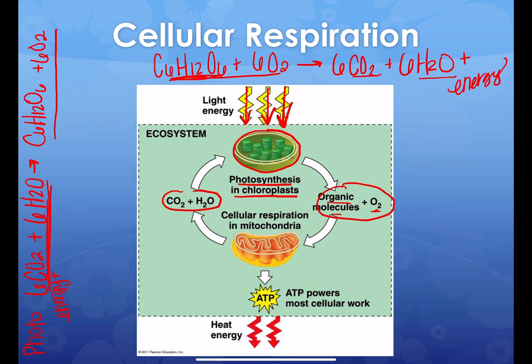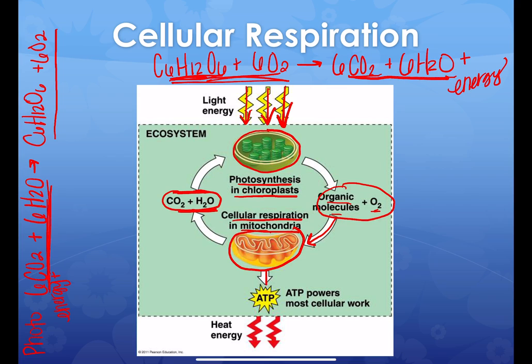Those organic molecules, or the glucose and O2, are the reactants which are put into cellular respiration, which happens in the mitochondria. That's really important. Got to know the locations of these. And the products that are produced are this CO2 and H2O. Okay?